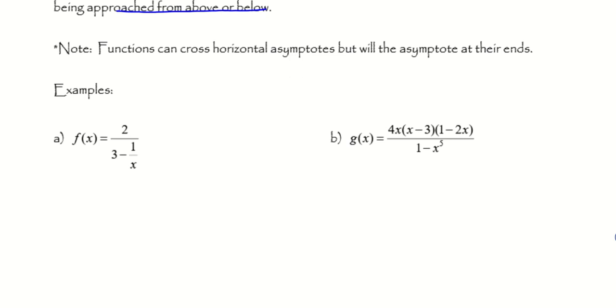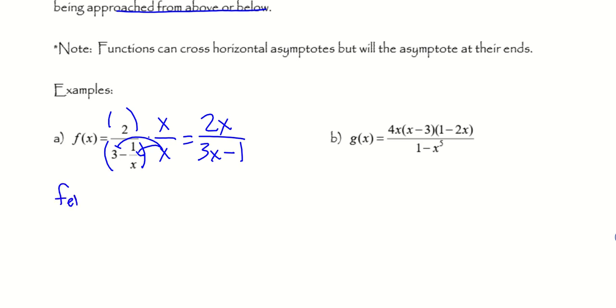I have f of x equals 2 over 3 minus 1 over x. This is a complex fraction, and we're going to simplify it by multiplying top and bottom by x, which gives us 2x on the top, and when we distribute across the subtraction, we get 3x minus 1. This is a rational function.